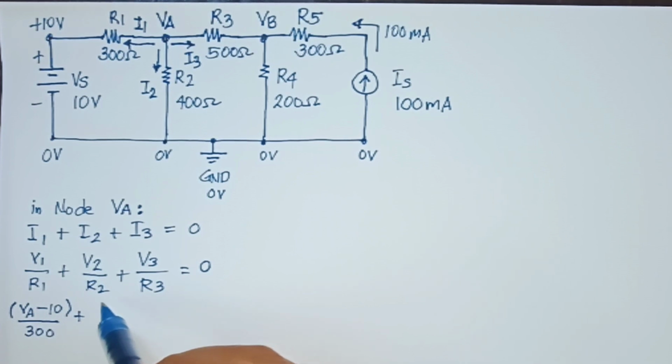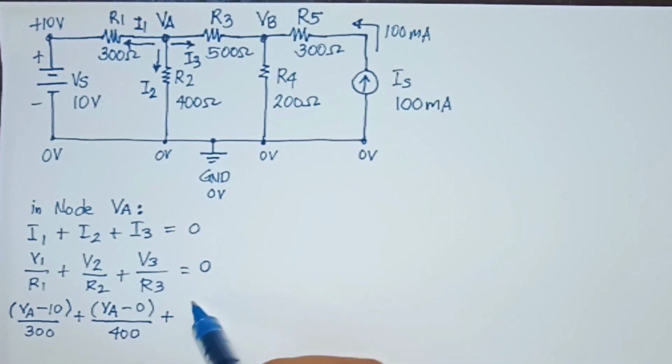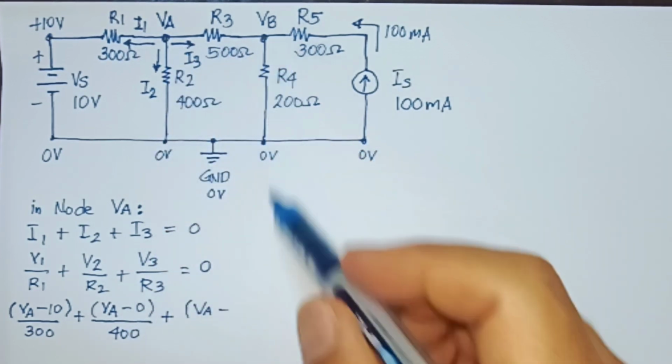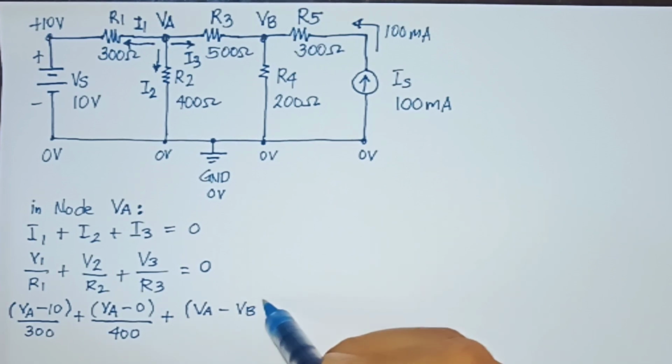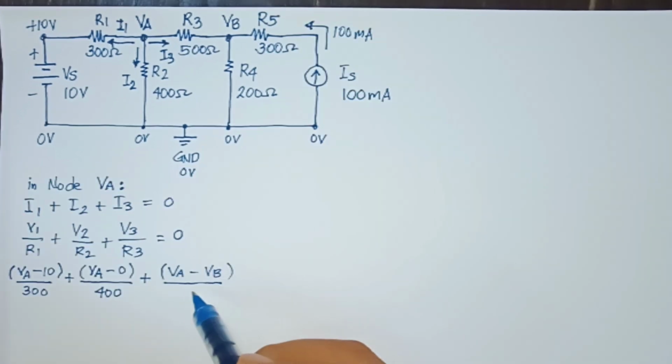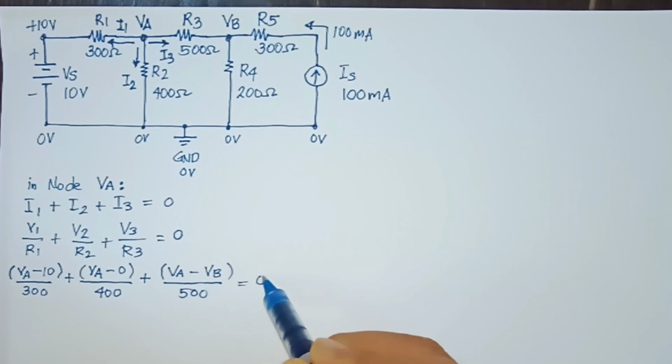In the case of V2, we can write VA minus 0 because the current I2 is coming out from VA, so it will be VA minus 0 over 400. So it's that easy. Plus the current I3 in Ohm's law would be VA minus VB. Alright, VA minus VB over 500 ohms.